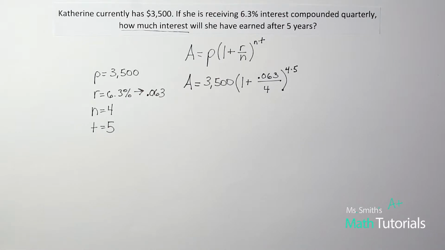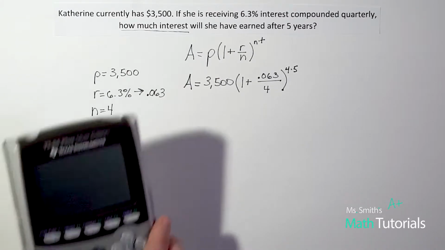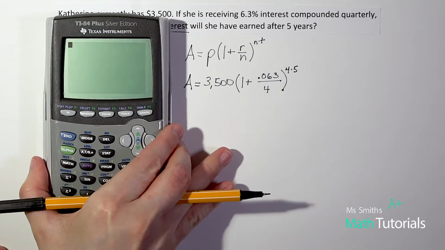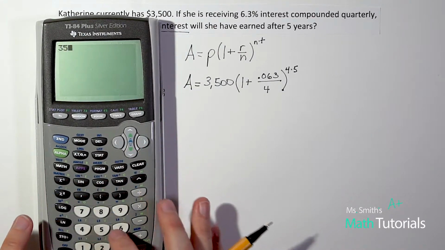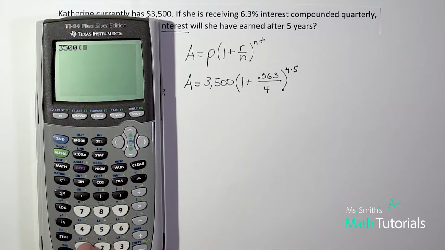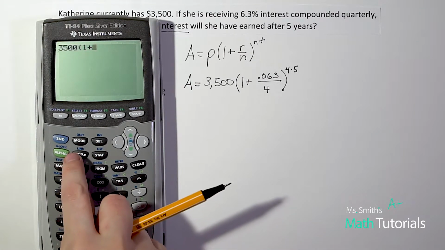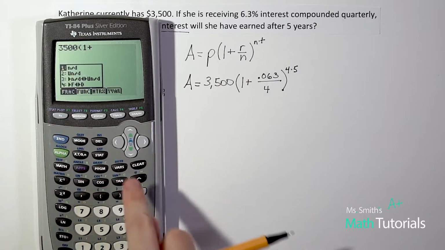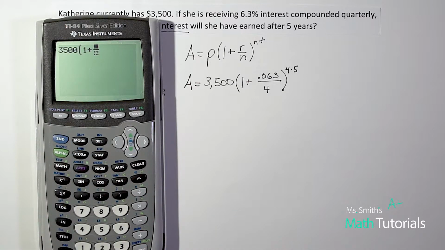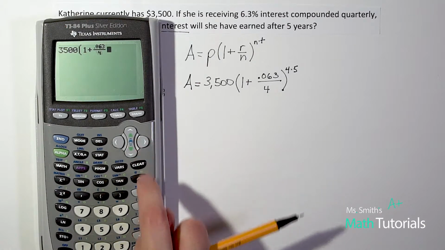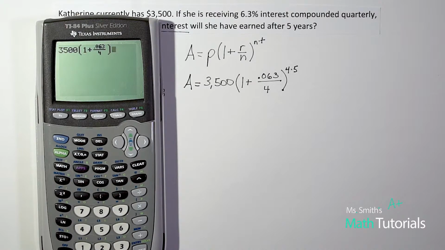All right, let's bring out the calculator to make quick work of this. I'm going to type in 3,500 parenthesis 1 plus, and remember, we can make that quick little fraction if we do alpha y equals enter. 0.063 on the top, and the denominator is 4. We're going to close that parenthesis, to the power of 4 times 5. Let's see what we get.